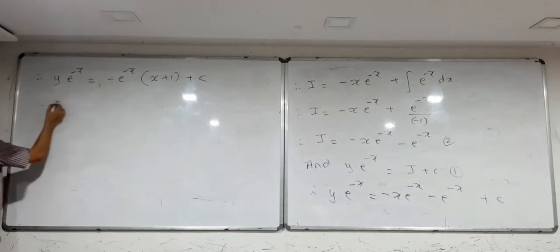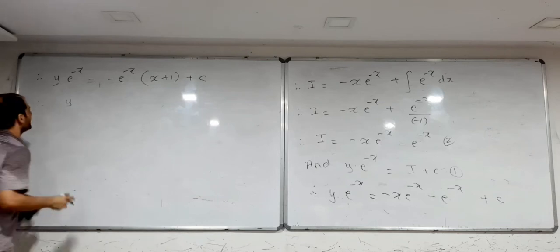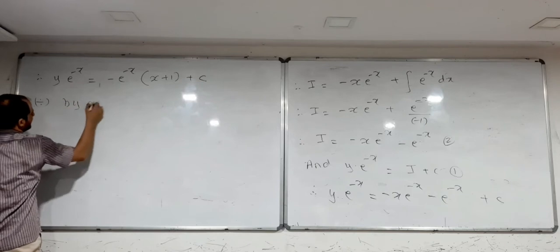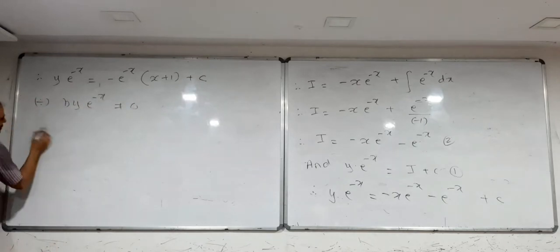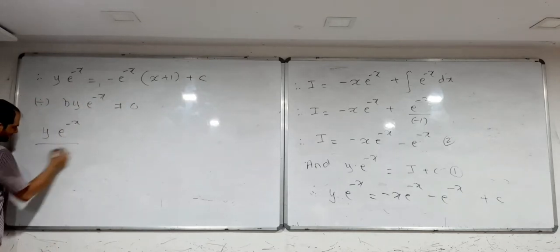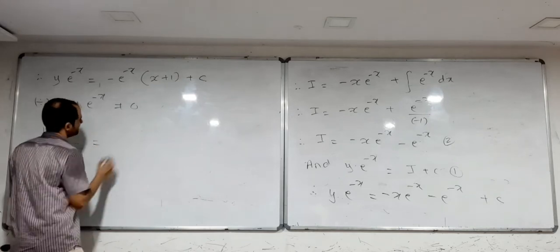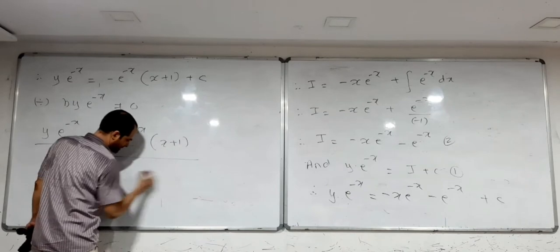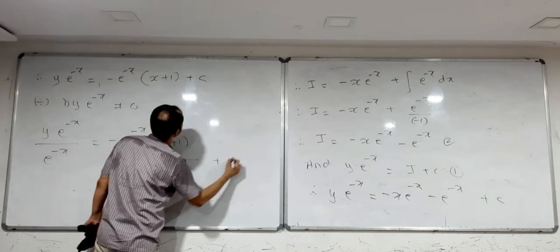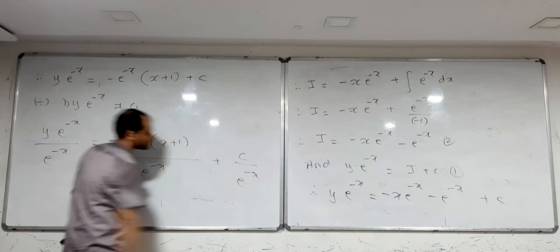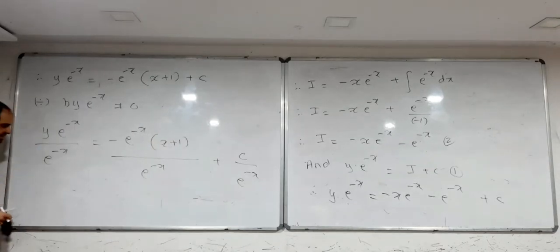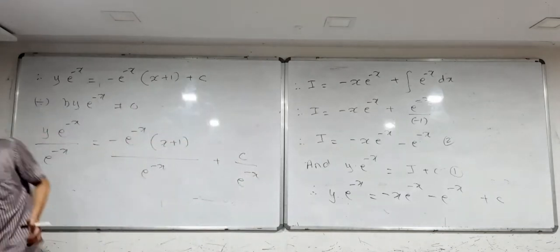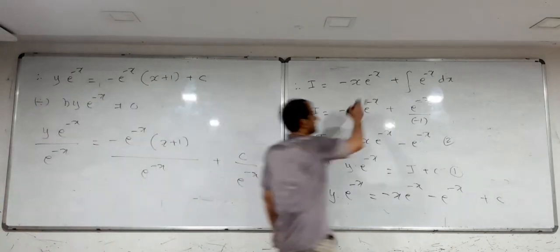So therefore, this we can write as y. Okay. Dividing by e raised to minus x, which is not equal to 0. So y into e raised to minus x upon e raised to minus x is minus of e raised to minus x plus 1 upon e raised to minus x plus c upon e raised to minus x. e raised to minus x gets cancelled.